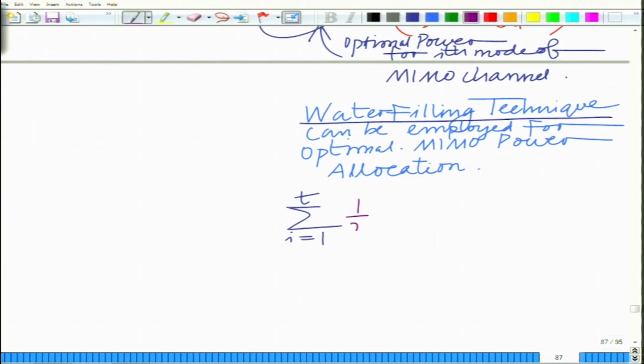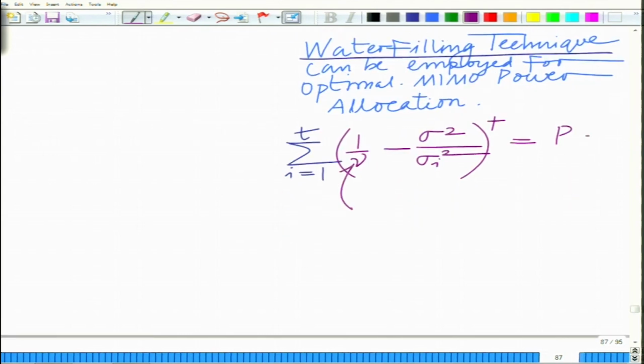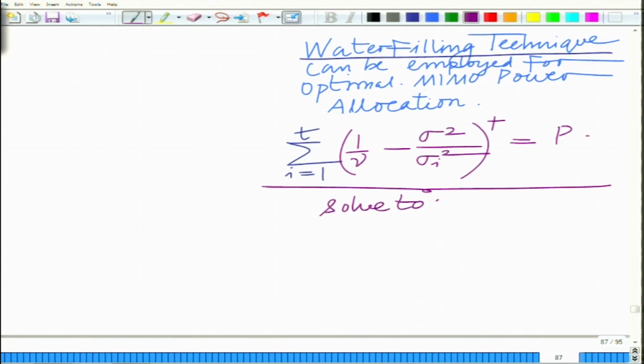The summation for i equal to 1 to t of 1 over nu minus sigma square by sigma i square, plus, equals P. So solve this equation to obtain nu. This is the framework for optimum power allocation.